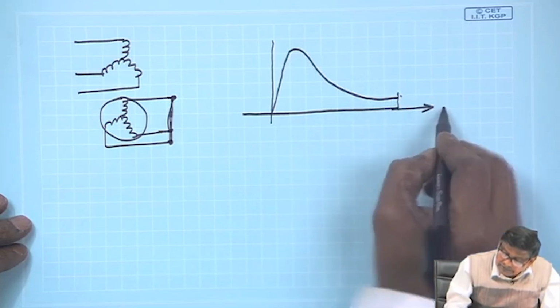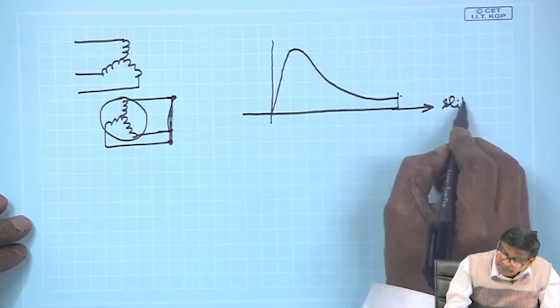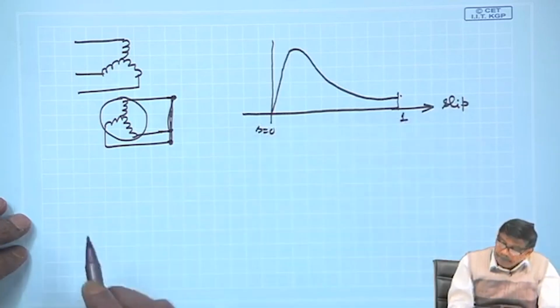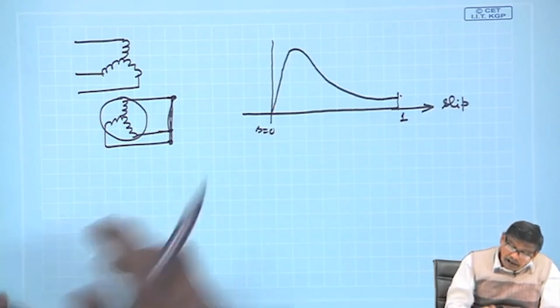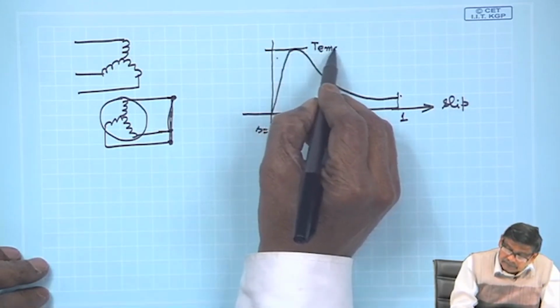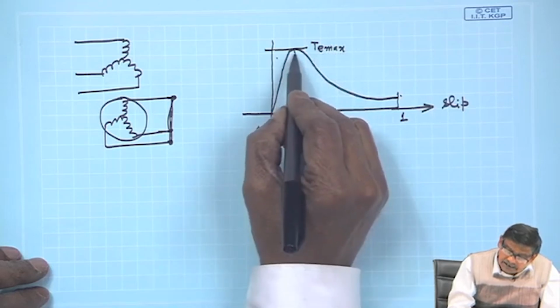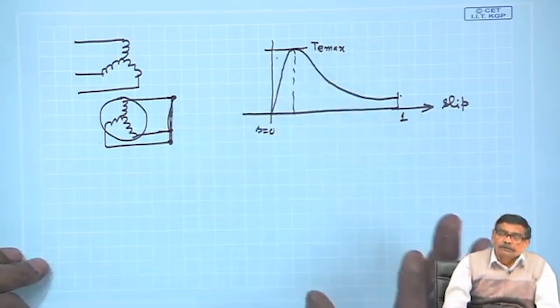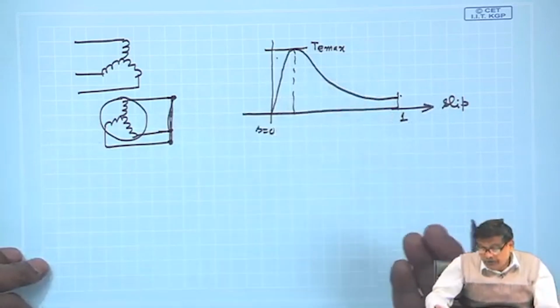This is slip, 0 to 1. Now, this is T max. The machine in any case can produce this much of maximum electromagnetic torque. Opposing torque you do not know.